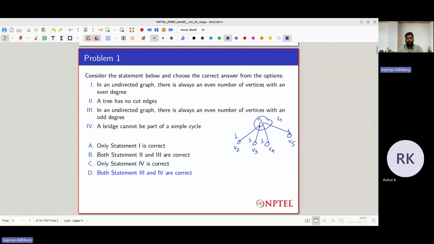So V1 is the only vertex with even degree. And as statement 1 says, in an undirected graph there is always an even number of vertices with even degree. As you can see, this is not true, because in this particular example we have only one vertex with even degree. So statement 1 is not true.